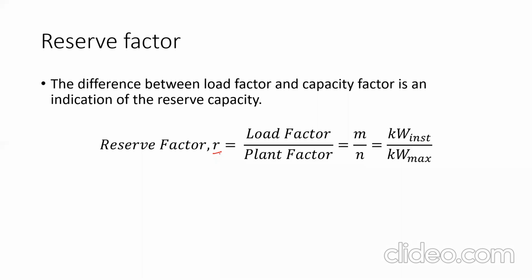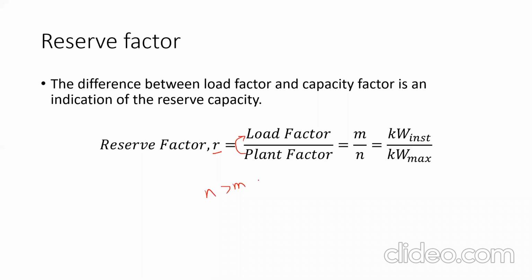The reserve factor is denoted by the symbol small r, which is equal to load factor by plant factor, that is m by n, which is equal to kW installed by kW maximum. Suppose plant factor n is greater than load factor m. What will happen?